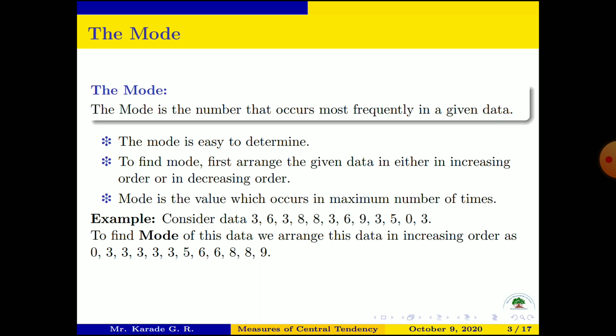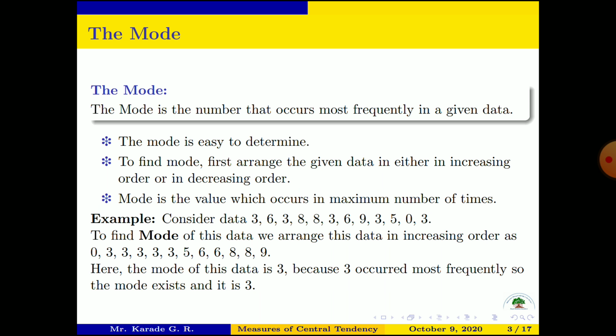There is no other number which occurs 5 times. Therefore 3 is the number which occurs most frequently in the given data. Therefore 3 is the mode of this data.